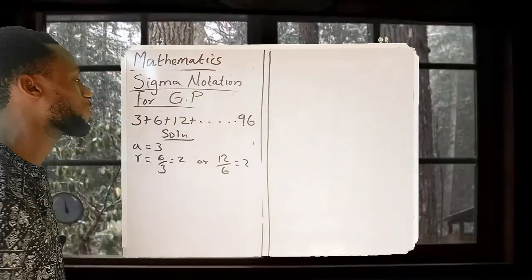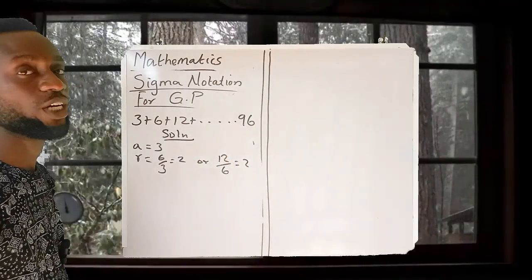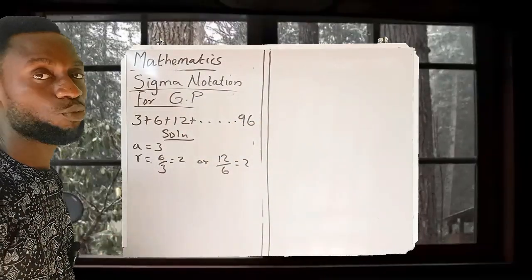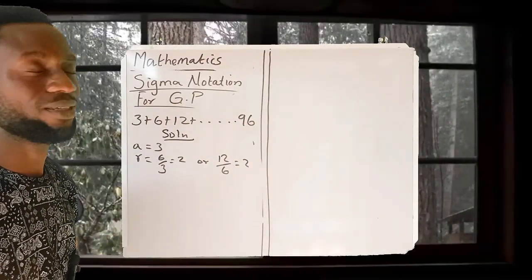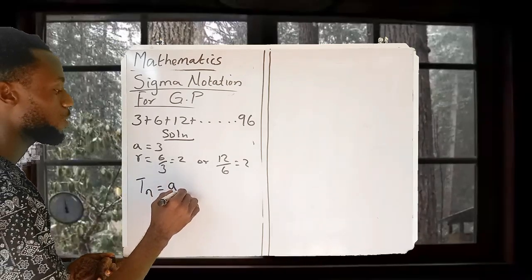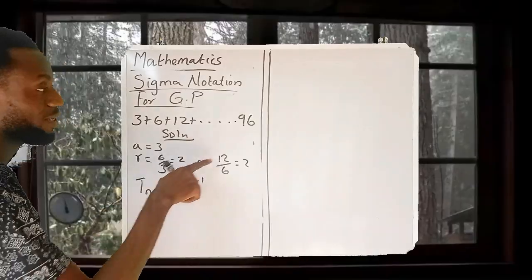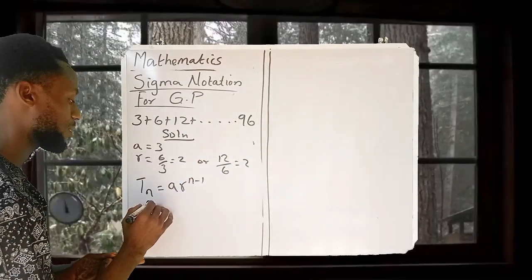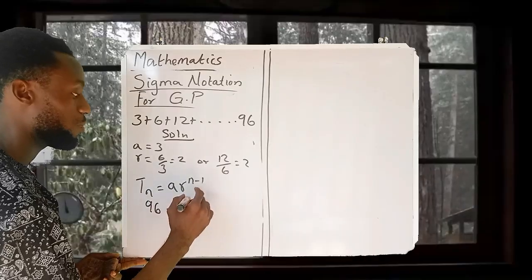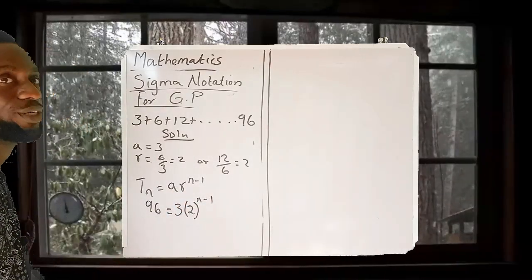So in order for us to get the sigma notation, you know how we always do it. It's terminated somewhere. So we have to figure out what the nth term is, and we'll use it to know the number of terms in the series. So we remember the formula that says nth term equals ar raised to the power n minus 1. What is the nth term we're looking at? That's 96. And the first term is 3, into the common ratio of 2 raised to the power n minus 1.